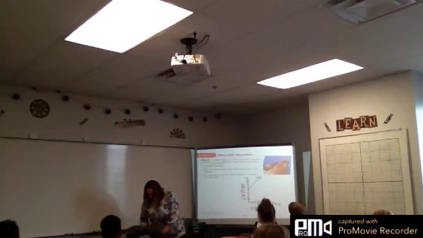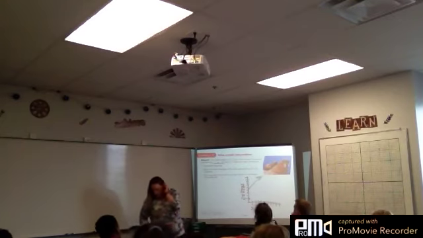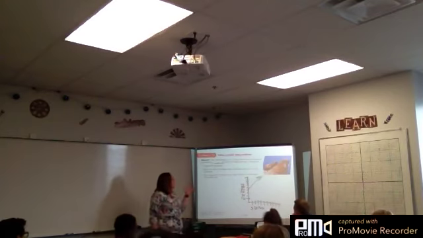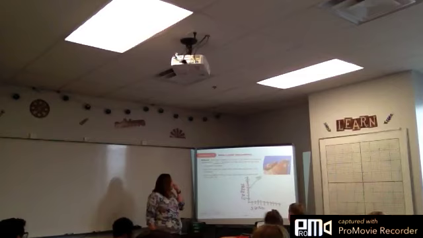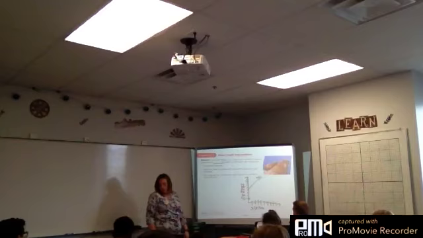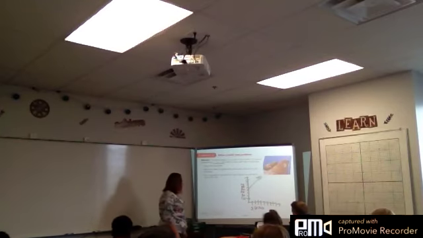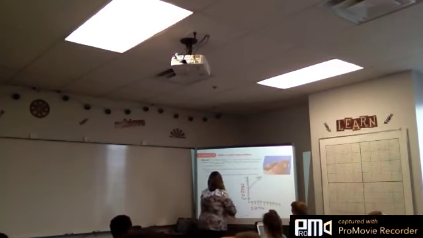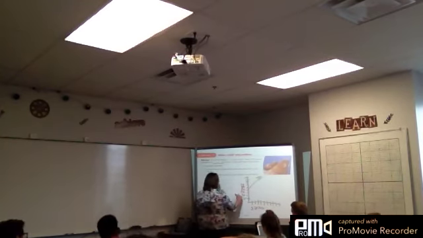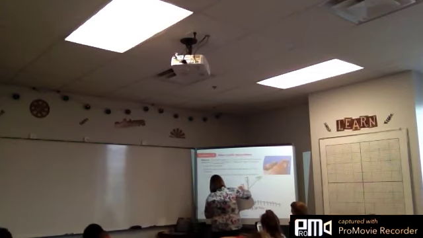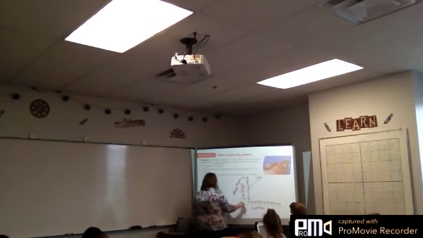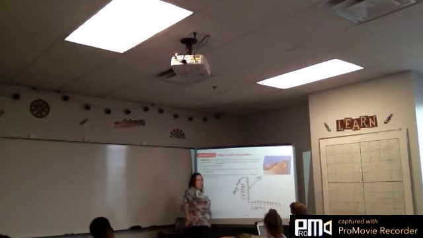Then it says, describe what the slope and y-intercept represent in this situation. What does the y-intercept represent in this situation? What would I label this y-axis? Body length? Body length in inches. So this represents body length, so I would label this side body length, right? What does this represent down here?